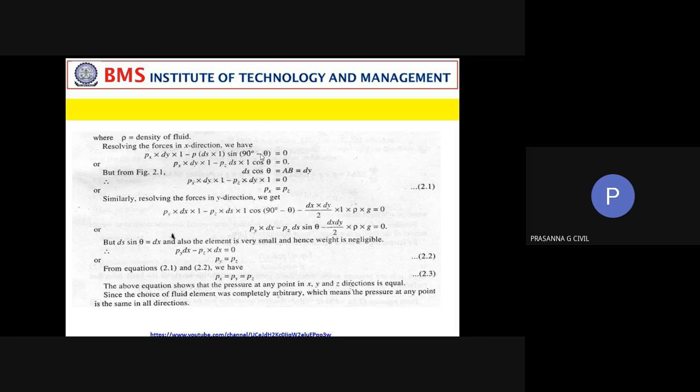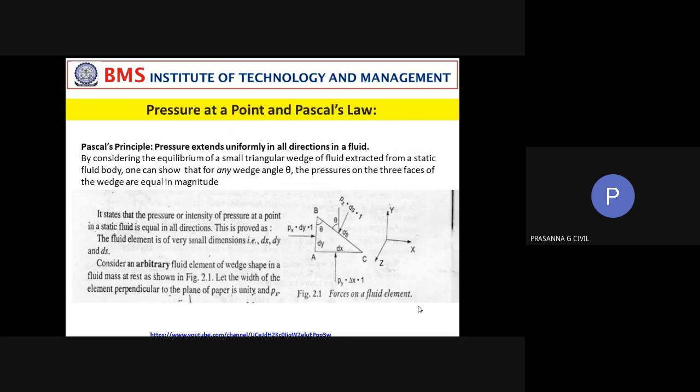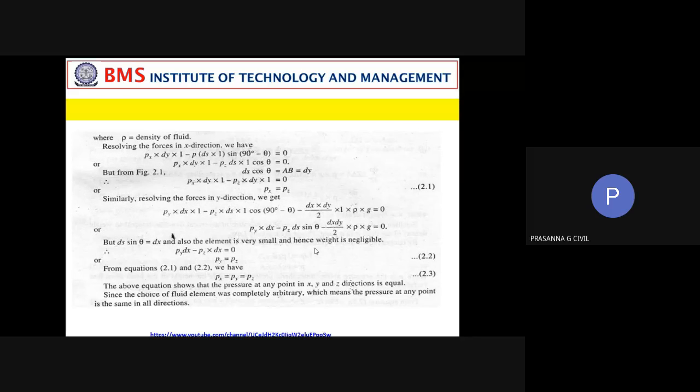Now ds cos theta is nothing but the side AB. So ds is this side, ds cos theta is this side, AB. That's how they are replacing it. So we get ds cos theta as AB, which is dy.